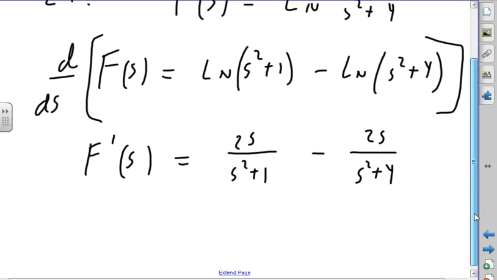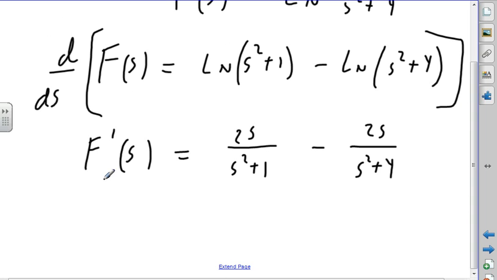Okay, and then f prime of s is equal to the Laplace transform of minus t f of t.